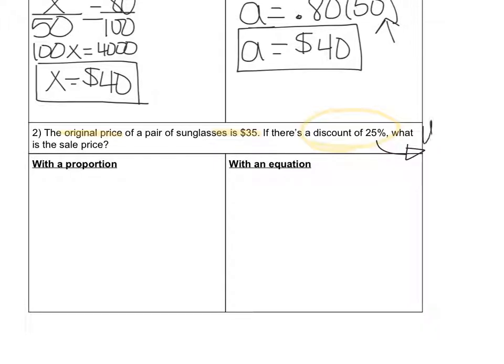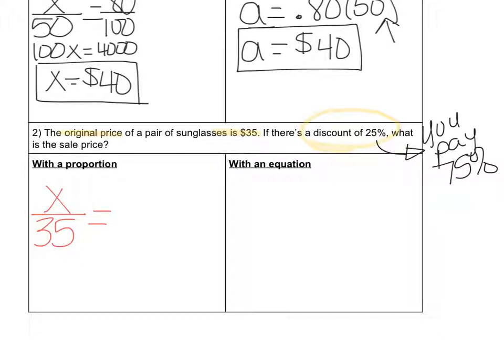So you pay 75%, okay, because it's a 25% discount. Let's go ahead and look at the proportion. The original price is $35. We're looking for the sale price. You're going to pay 75 of the 100%, and we'll cross multiply.